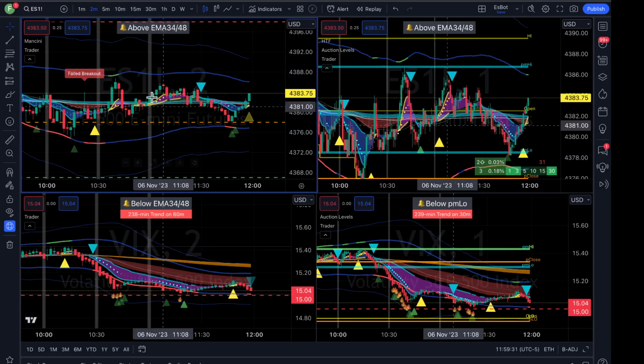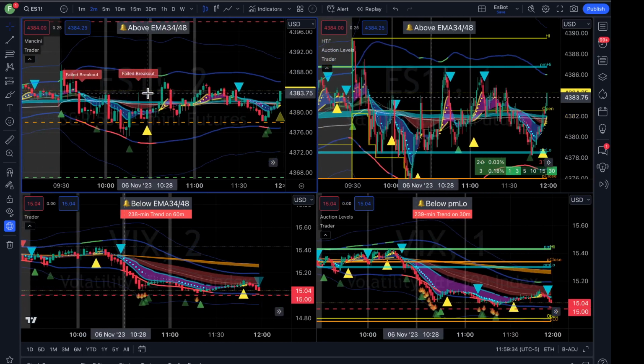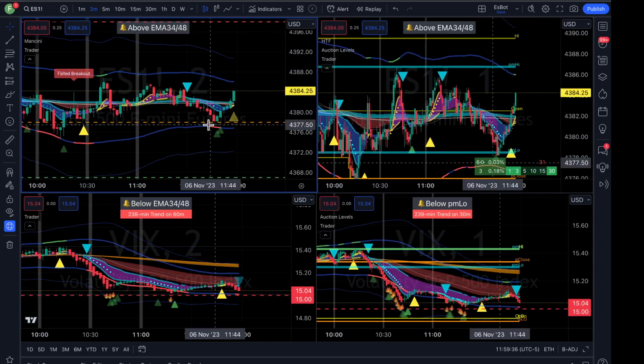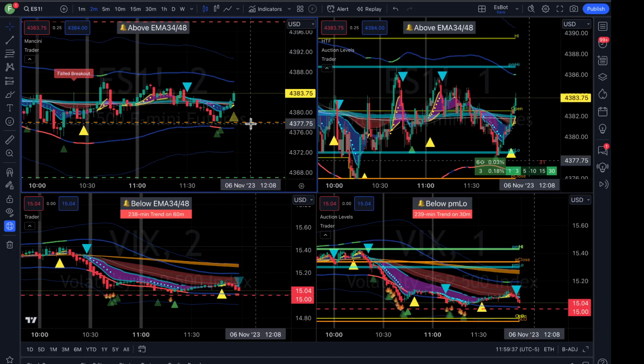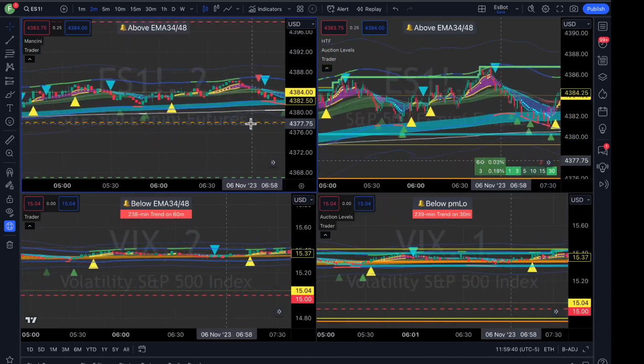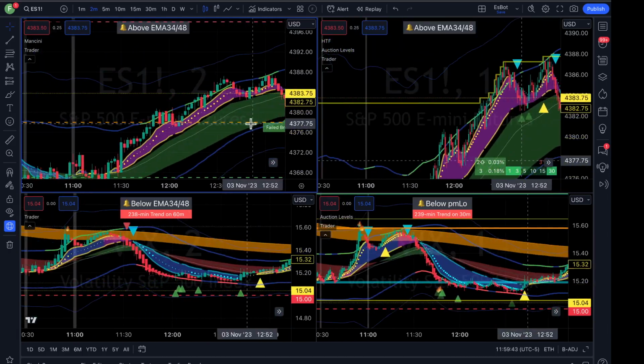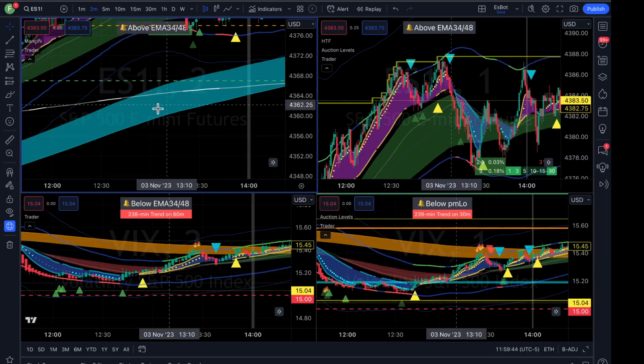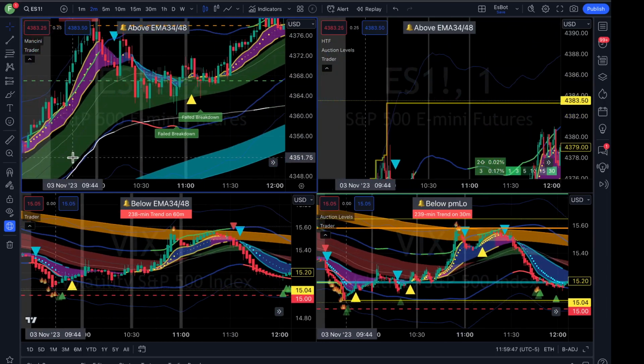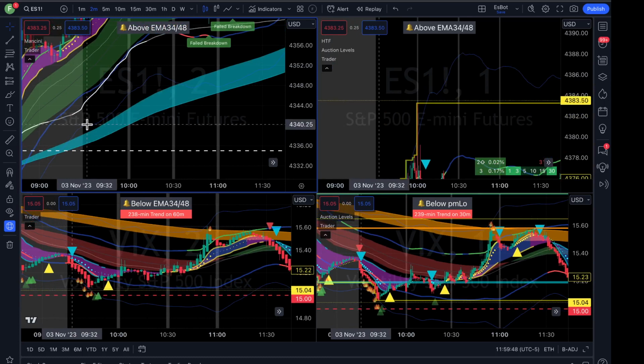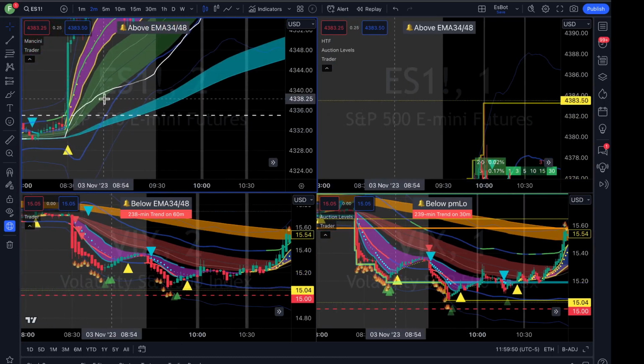Okay, so in the VWAP, the cloud is sideways, and the VWAP is here and there. Let me go back to Friday again. This is the VWAP, a standard VWAP, and it's white.